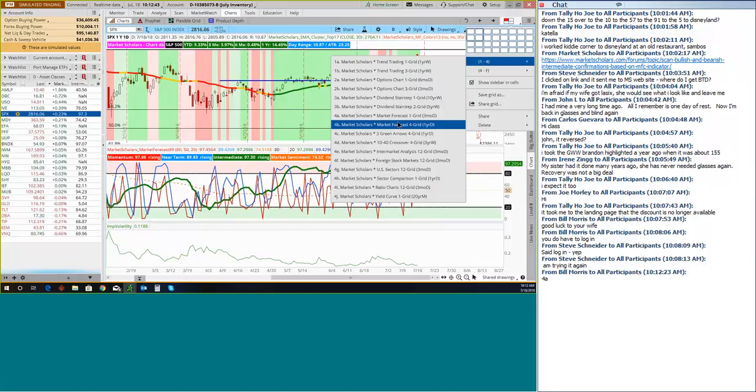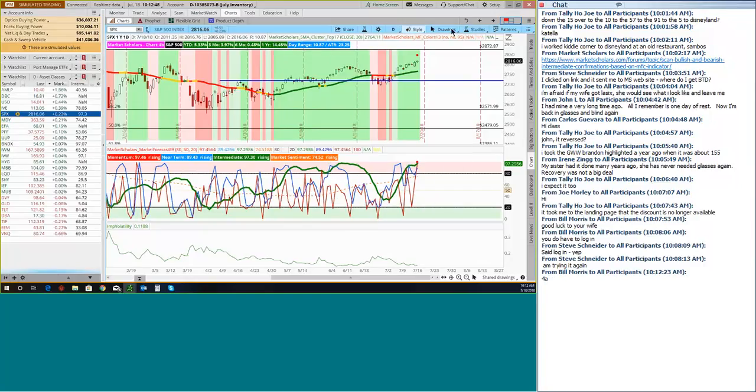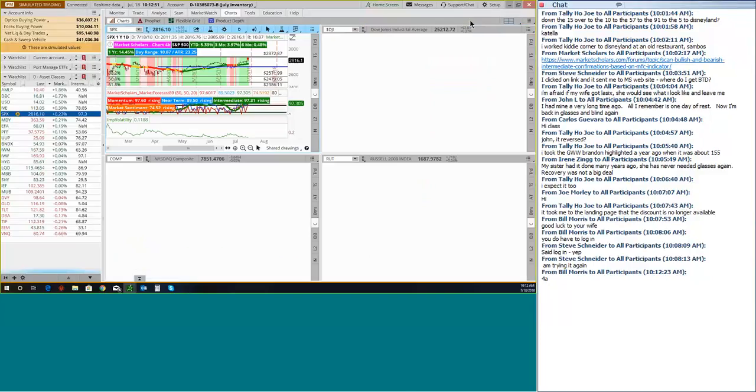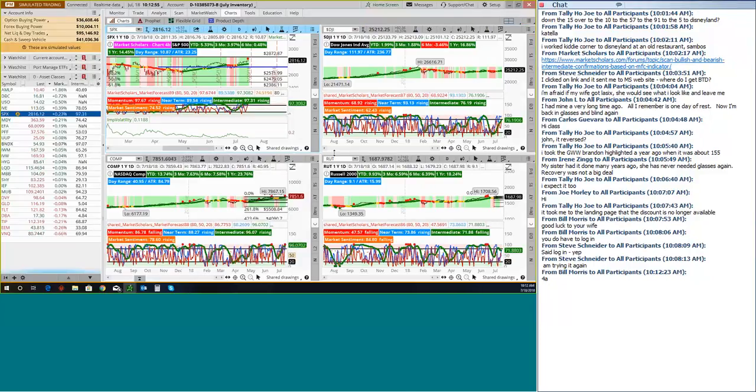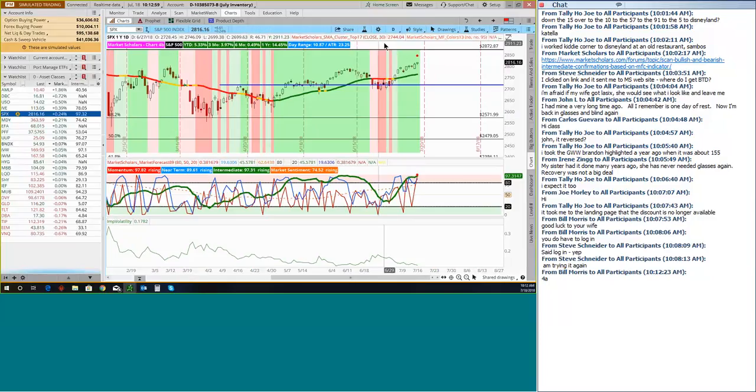Yeah, if I'm on 4B, it looks like, if that's what you're talking about, Bill. So I do the 4 grid. This chart, 4B looks like this normally. But I usually start off with it full screen.